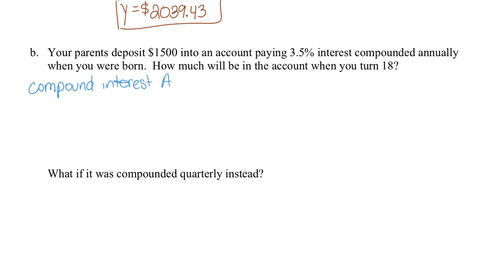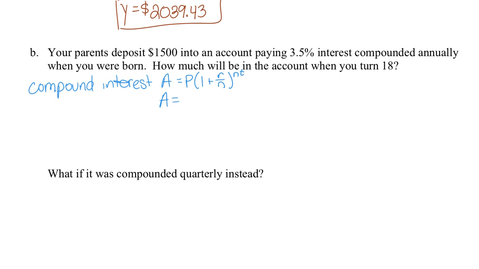And that is amount equals principal times 1 plus the rate divided by the number of times it's compounded, to the exponent of the number of times it's compounded per year times the number of years.